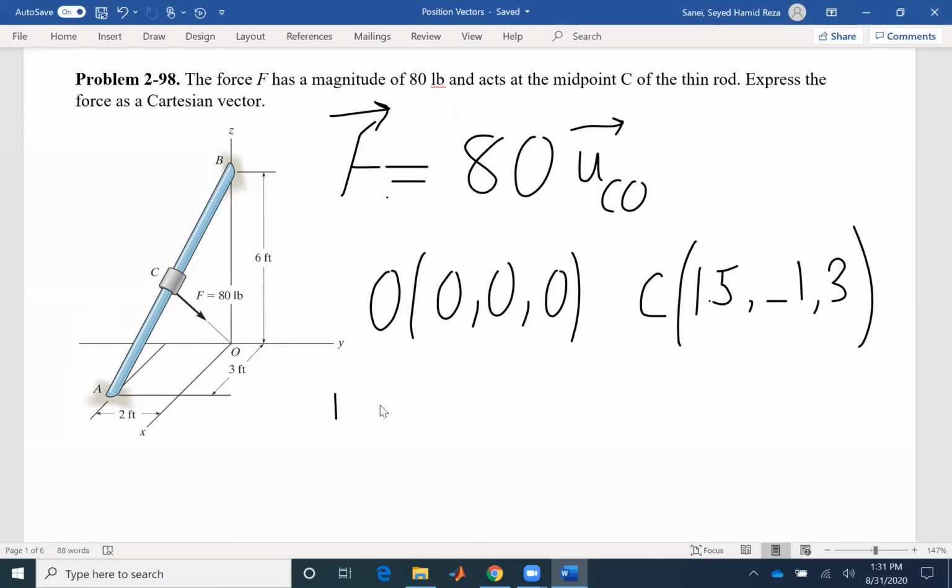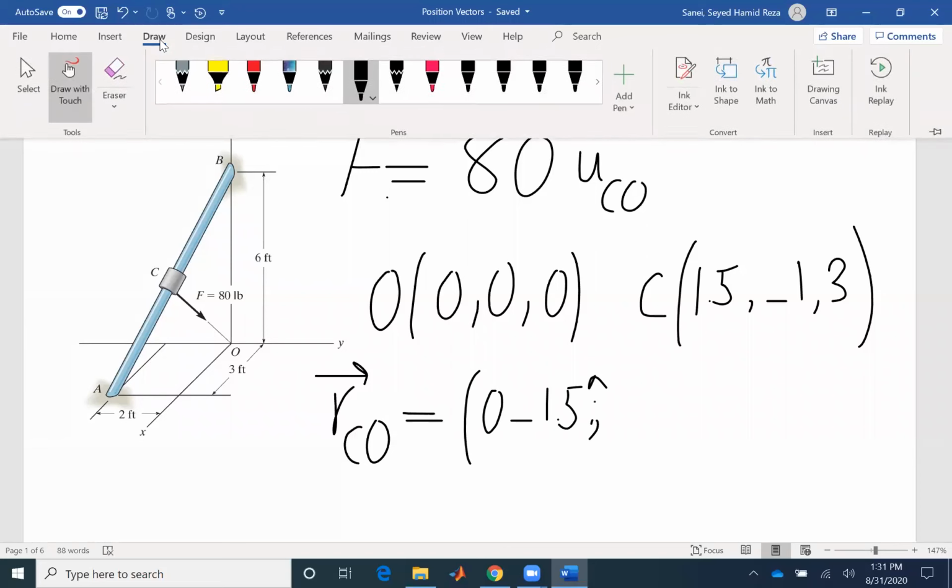Now, before I find the unit vector, I need to find the position vector. So r_CO, what is r_CO? The coordinate of O minus the coordinate of C. So that means 0 minus 1.5 for i, 0 minus -1 for j, and 0 minus 3 for k. Let me write it directly here.